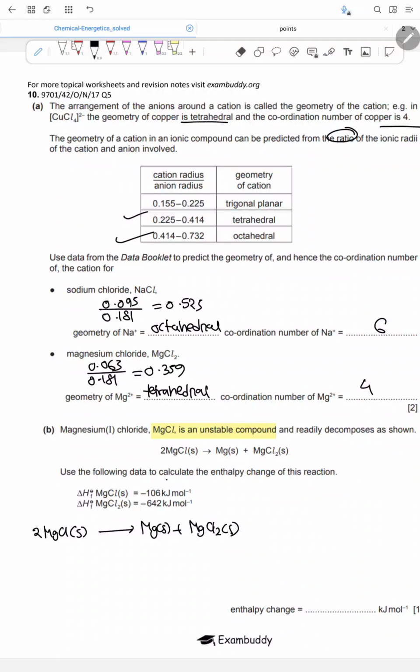Now if you read the question, we have been given the standard enthalpy change of formation, that means to form 1 mole of MgCl, and also given the standard enthalpy change of formation for magnesium chloride. That makes our life easier. And formation is 1 mole of compound forming from its elements under standard conditions.